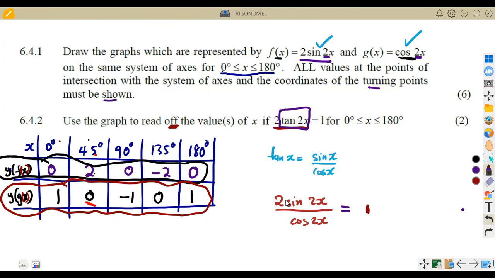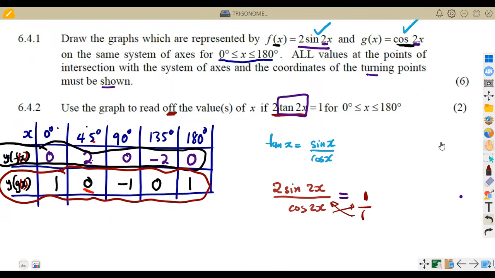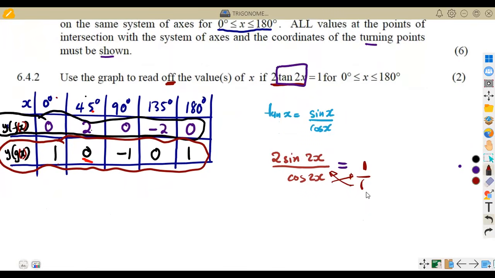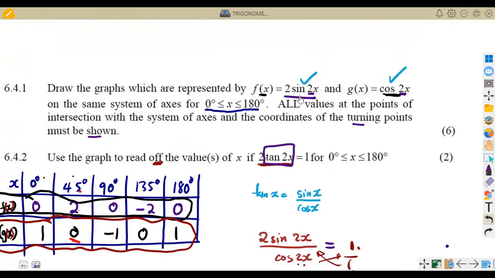So they are saying this tan 2x, which is sine 2x over cos 2x, is equal to 1. If you cross multiply here, we are going to see something that is simply hidden. 1 times 2 sine 2x gives 2 sine 2x, which is equal to cos 2x times 1, which gives us cos 2x. If we check, 2 sine 2x is what we have originally, your f of x.